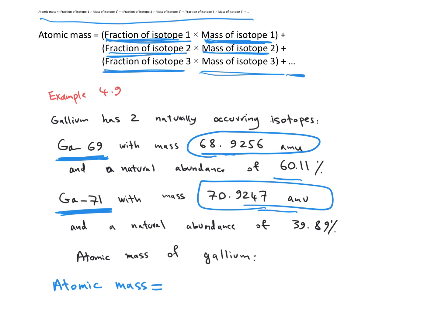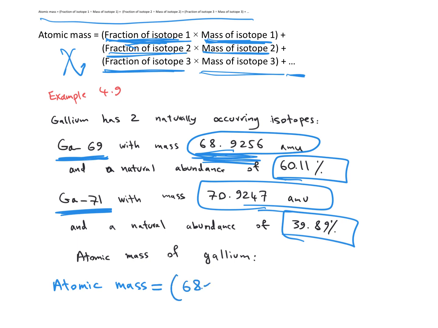And you were given the abundance too for each of them, right? So how would you write this? Basically, you substitute in this equation, right? So what is the mass of isotope 1? 68.9256. Exactly, 68.9256. Multiply by what is the fraction of isotope 1? 60.11 divided by 100, right?